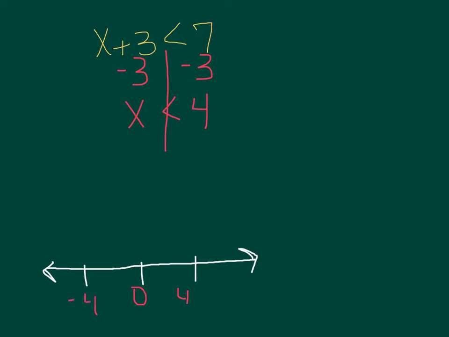We're going to draw a circle above 4. This is an open circle because it does not have the "or equal to." And x is less than 4, so that shades to the left. Less than shades to the left. Now my interval notation goes from negative infinity to 4, and it does not equal either one of those. So there's my interval notation.